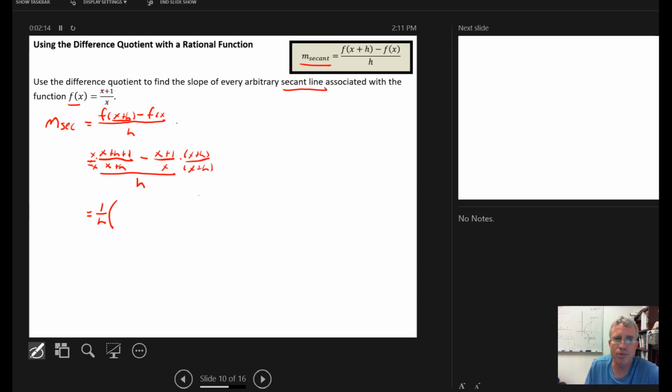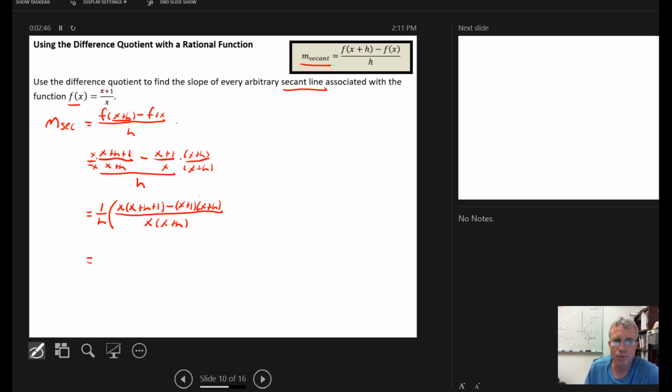So I'm going to have x times x plus h plus 1, minus x plus 1 times x plus h. And use of parentheses here is vital for not making mistakes. So this is all going to be over my common denominator, which is x times x plus h. And then what we want to notice is that this h will tuck nicely into the denominator position for us.